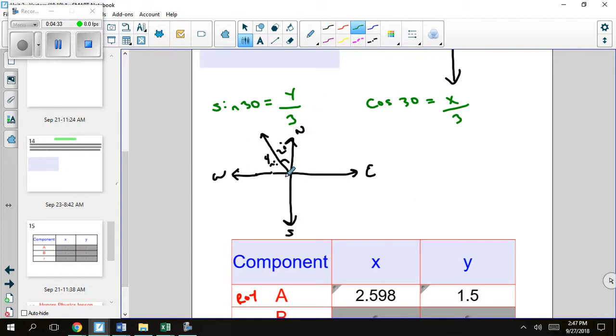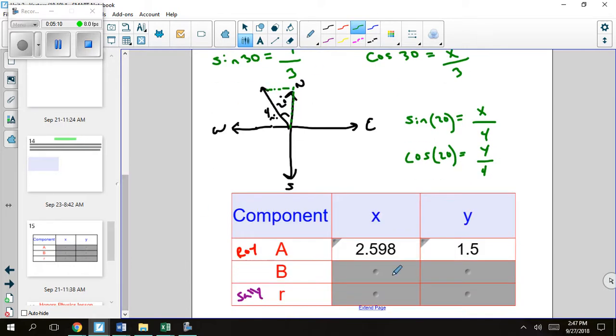So we need to figure out how far up we went and how far over we went. So now we're going to do the sine and cosine again. Sine 20 degrees. And what we're going to have is our x on this side, because that's our opposite, over the 4, and cosine of 20 will equal our y over 4.